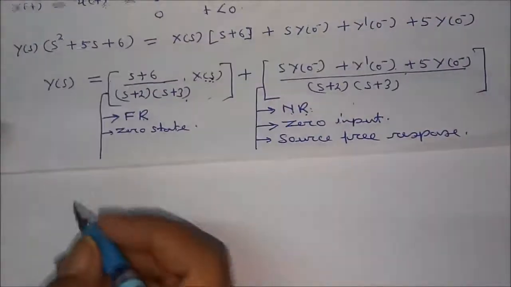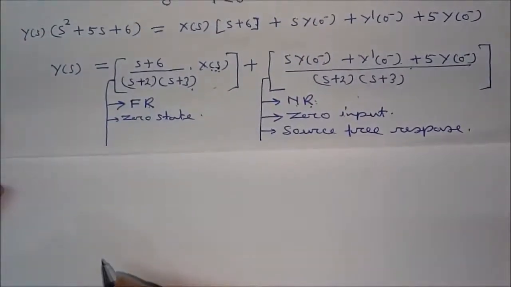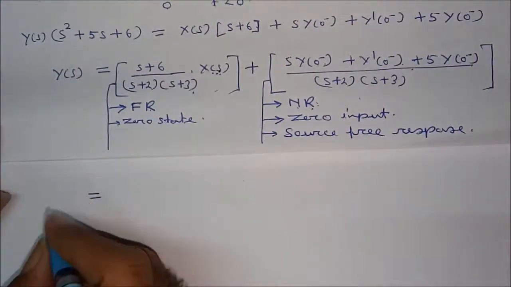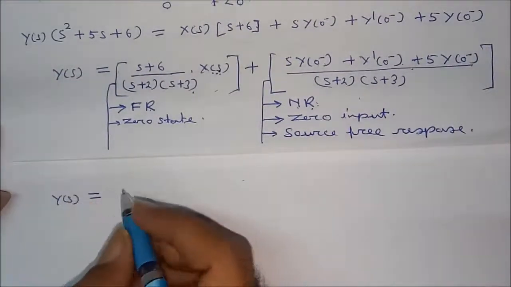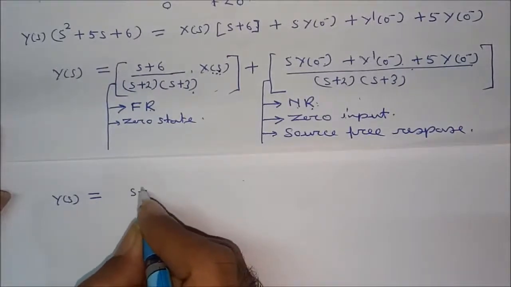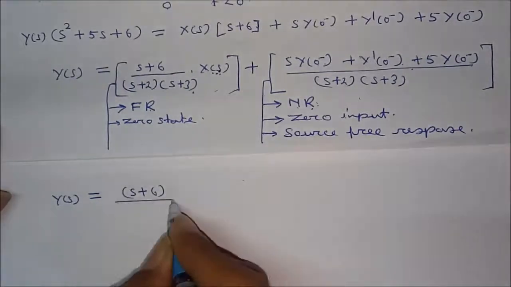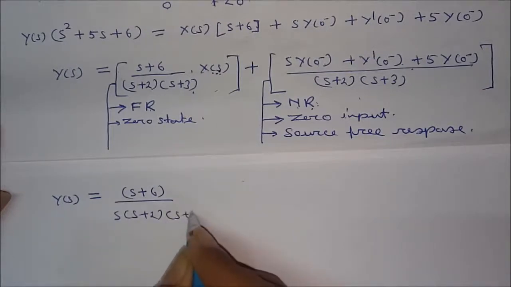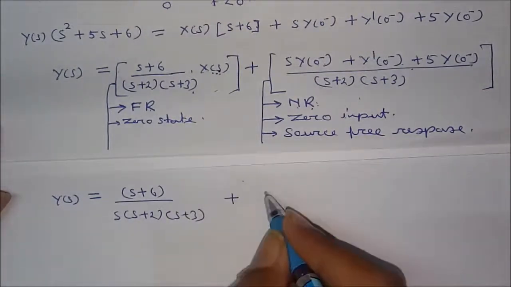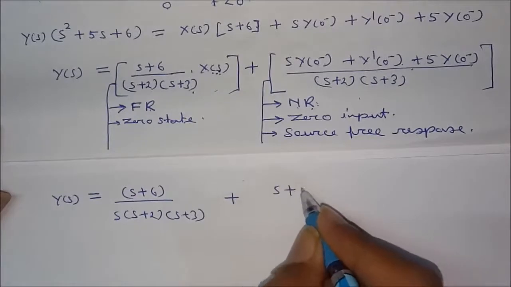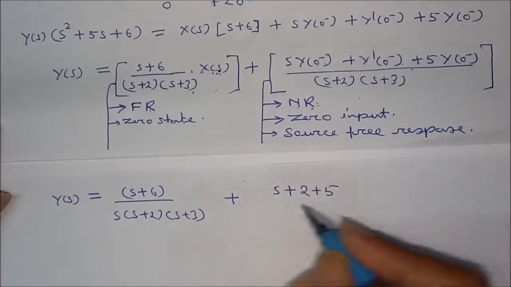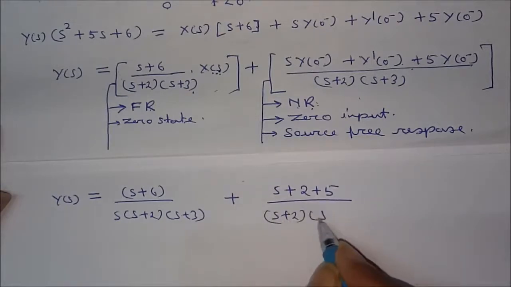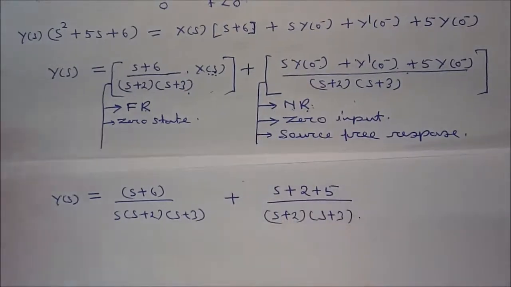Y(s) is equal to (s plus 6) by (s plus 2)(s plus 3) times 1 by s, plus (s plus 2 plus 5) divided by (s plus 2)(s plus 3).